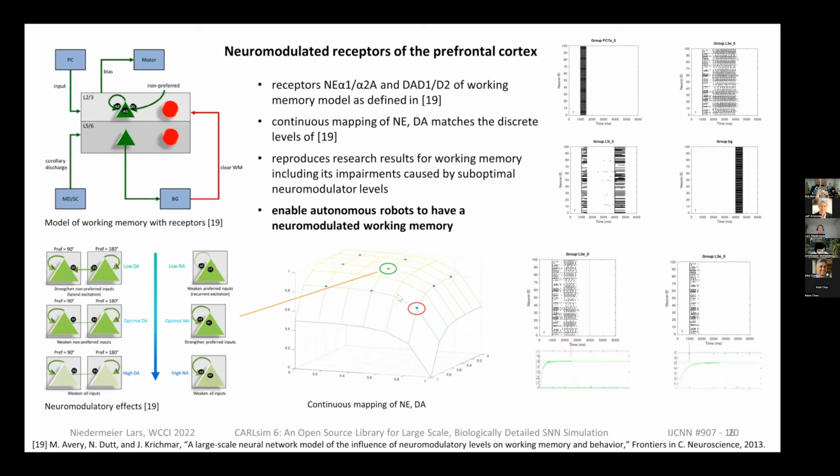With CARLsim 6 it is now possible to leave those neuromodulator values on the complete area on the plane, and therefore you can also use this model for the areas in between and investigate what happens exactly in the state of the neuromodulators when those observed memory impairments actually occur.